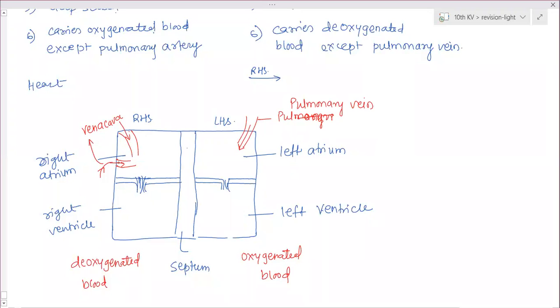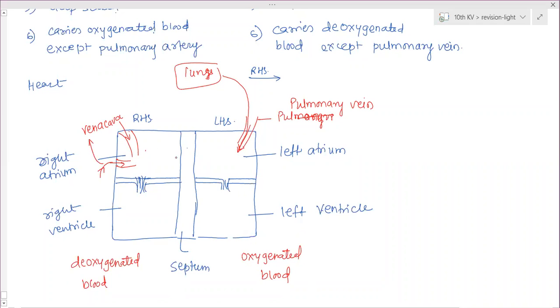These veins carry deoxygenated blood from different parts of the body into the right atrium, while in the left atrium, the pulmonary veins from the lungs take the blood and pour it into the left atrium.